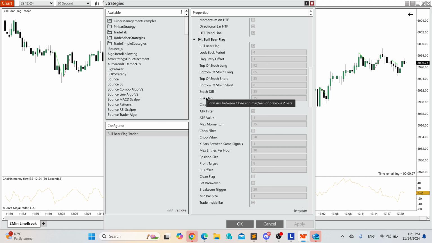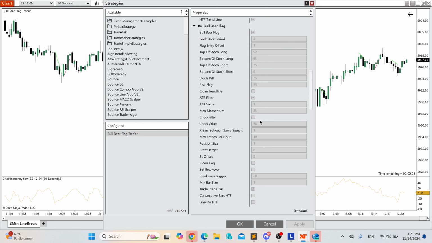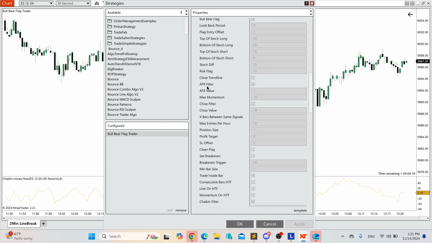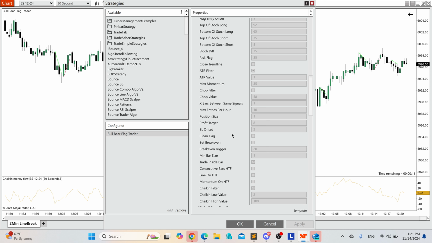Risk is determined in points, and your ATR value will probably be at 1 on 30 seconds. And also stop loss offset, even though it says ticks right here, that's a mistake, it's in points.